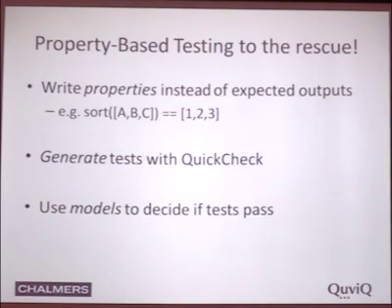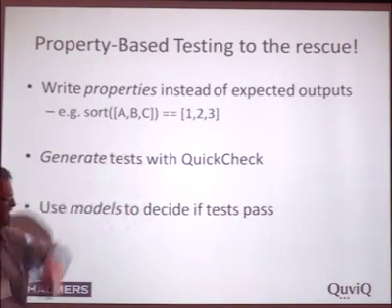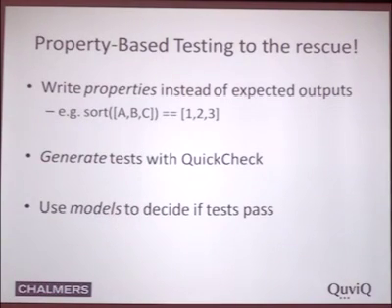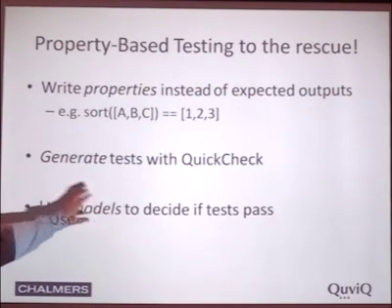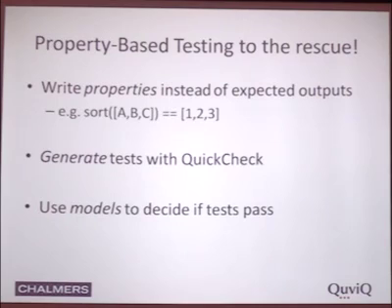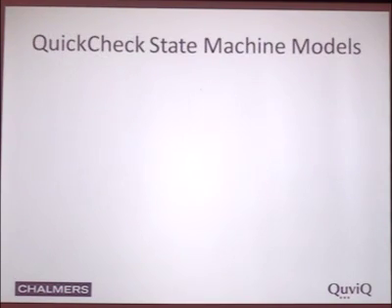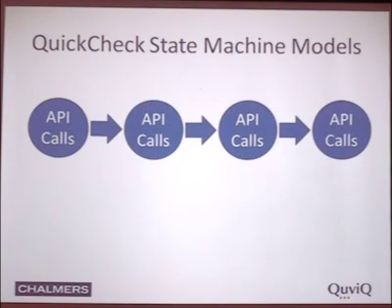But what I'm going to show you instead is that we can generate tests with QuickCheck, so we have a wide variety of tests, and we can use a model to decide whether the test has passed. Quick introduction to state machine models, which we've already seen a little bit about this afternoon. The approach that we take is that we generate test cases that are a sequence of API calls.